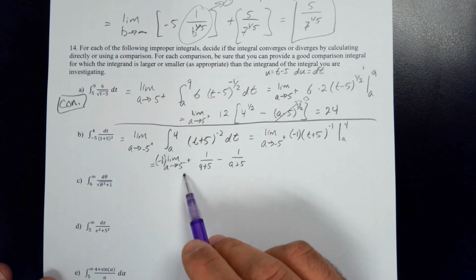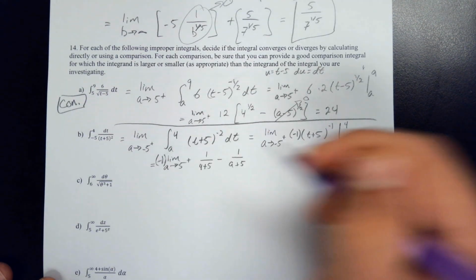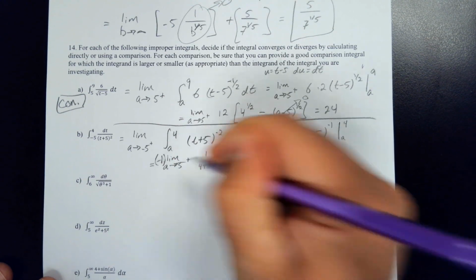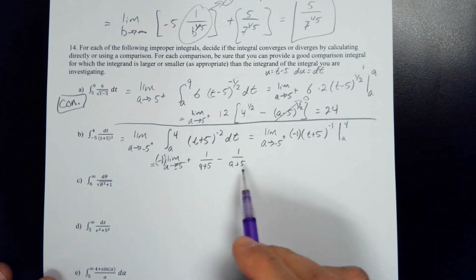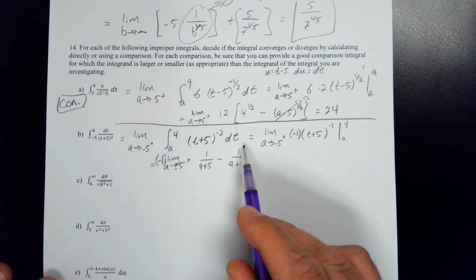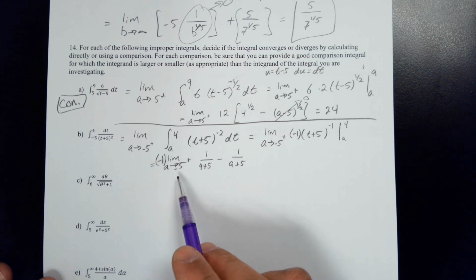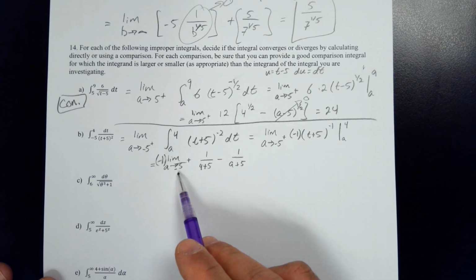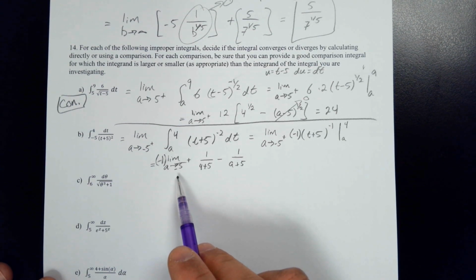But if I plug in a 5 from the right, I'm sorry, a negative 5, keep on making typos, a negative 5 from the right, this is going to be a 0 here. So I'm going to get 1 over something that's going to 0. To the right of negative 5 would be like negative 4.9.